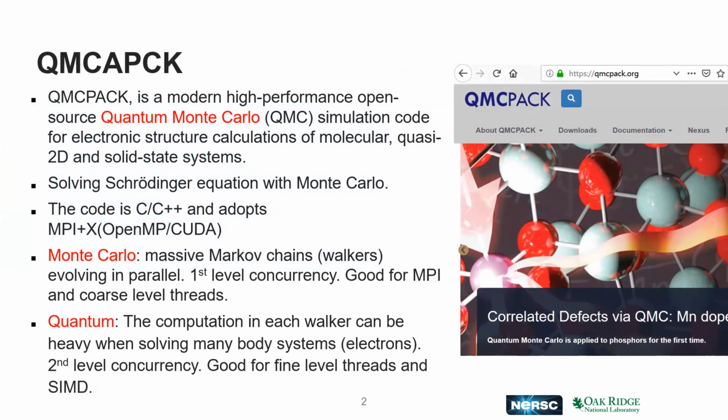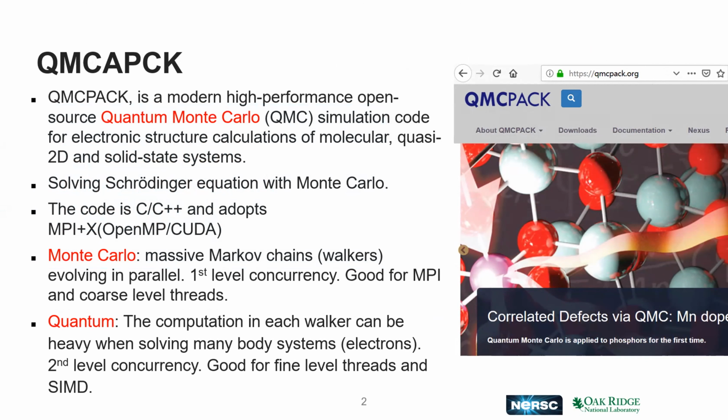So QMCPACK is an open source package implementing the quantum Monte Carlo algorithm. Quantum Monte Carlo, you can decouple the name as quantum and Monte Carlo. So quantum is because it's related to doing simulation of electronic structure calculation problems. So basically we solve the Schrodinger equation.